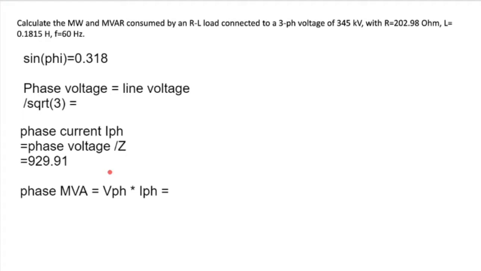Please write down the answer. Please write down the mega volt ampere for V phase I phase.